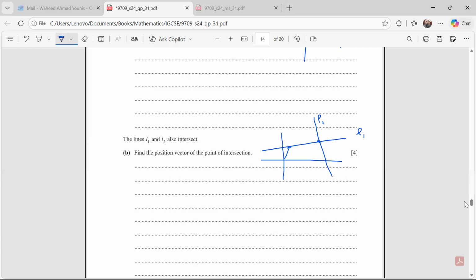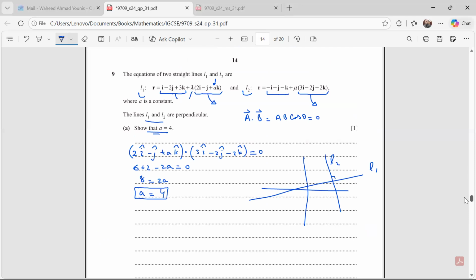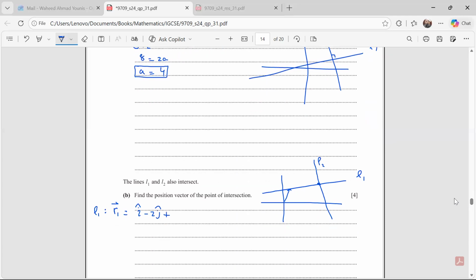Okay, so if I try to express my line L1 by a position vector R1, which is given as i minus 2j plus 3k, plus lambda times the second vector, which is 2i minus j plus 4k.